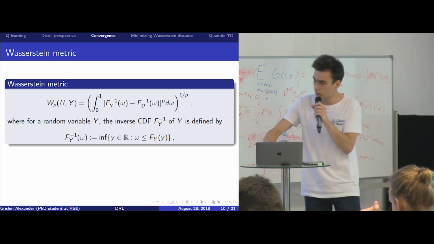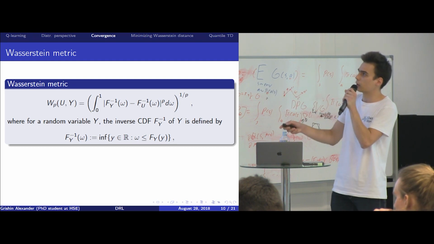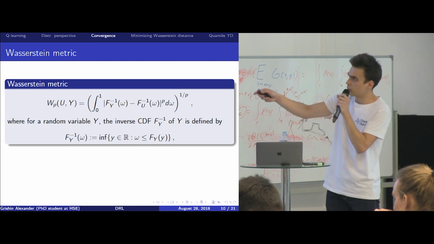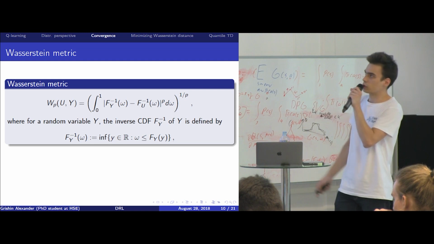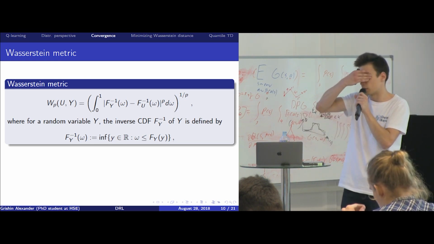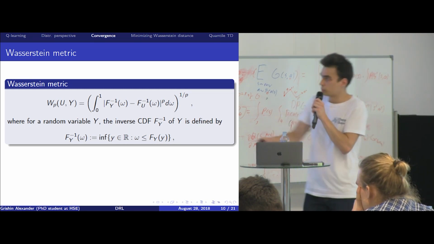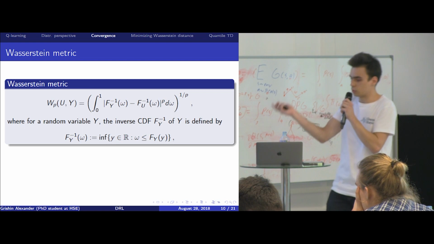So if we have some random variables U and Y, the distance between the distributions would be just the integral of the difference between the inverse CDFs, where the inverse CDF is defined as usual.